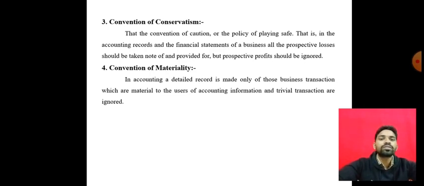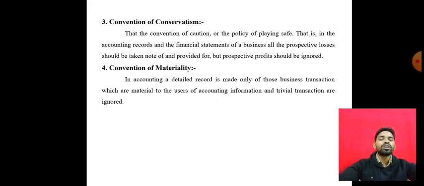The last one, the fourth one, is the convention of materiality. It indicates that in accounting, a detailed record is made only of those business transactions which are material to the users of accounting information, and trivial transactions are ignored.